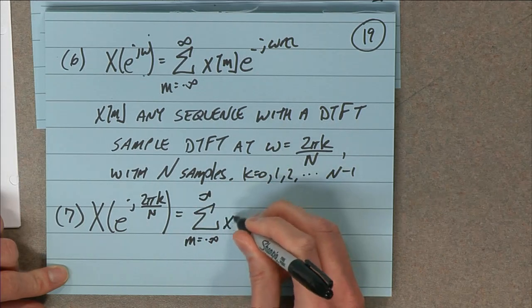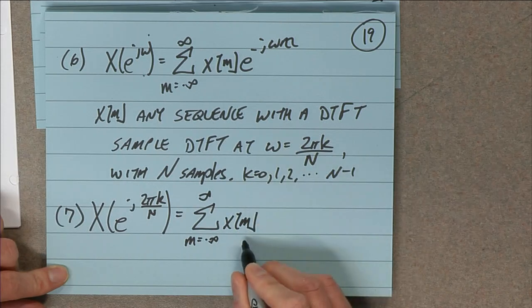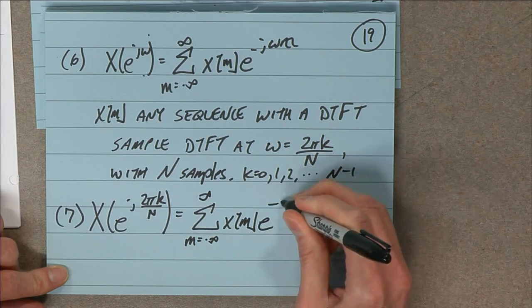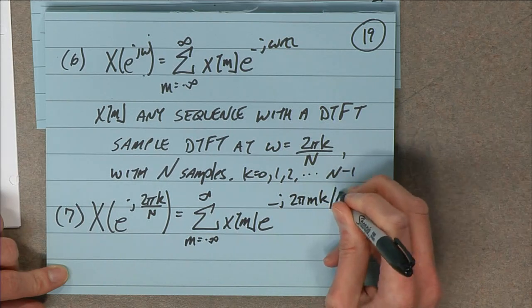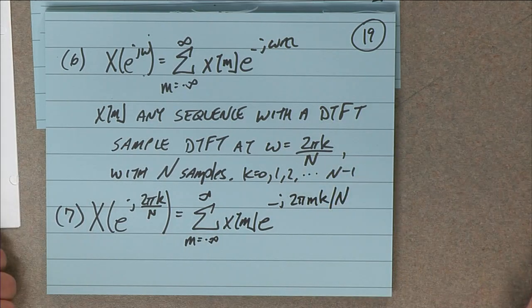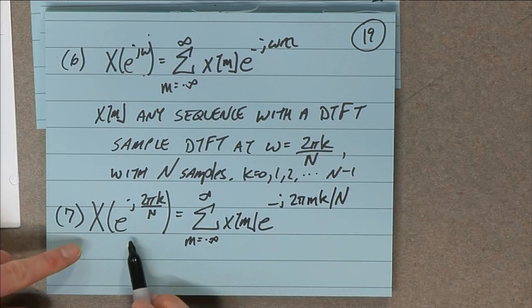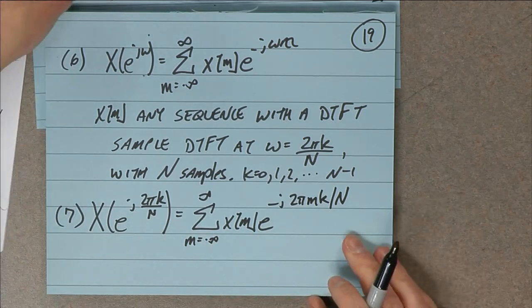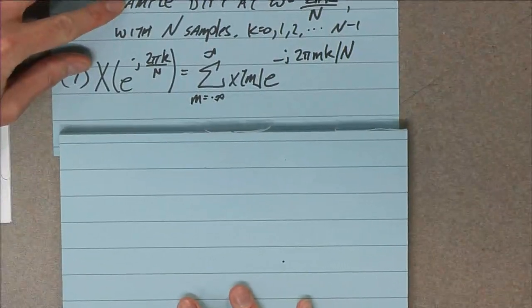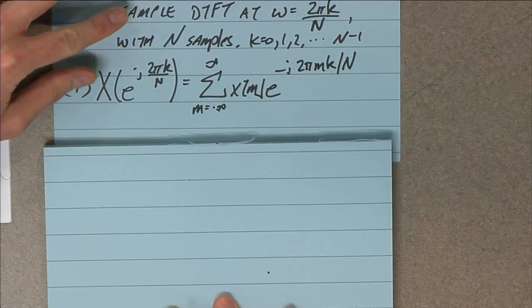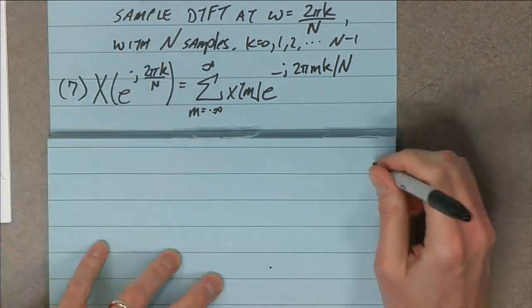We had no length on this yet. Of x of m e to the minus j 2 pi mk over cap N. So now we've got our samples. We've sampled the discrete time Fourier transform, and what we were trying to do is say, well, given those samples, can I get back? So let's try to get back. Can we get back?